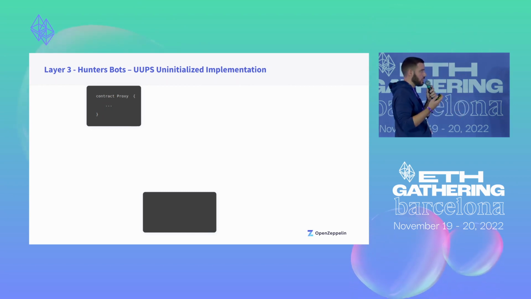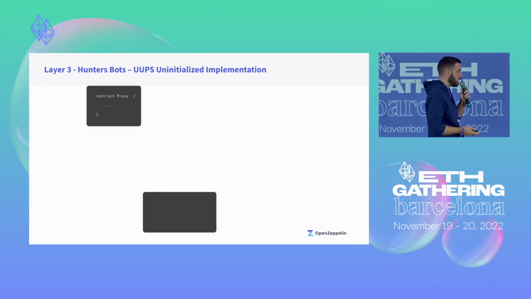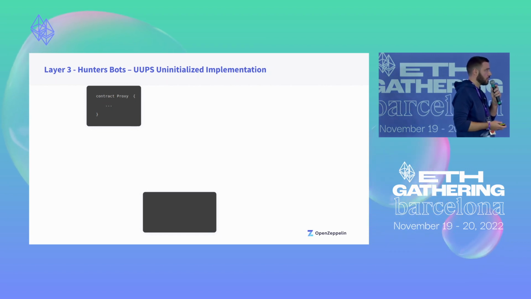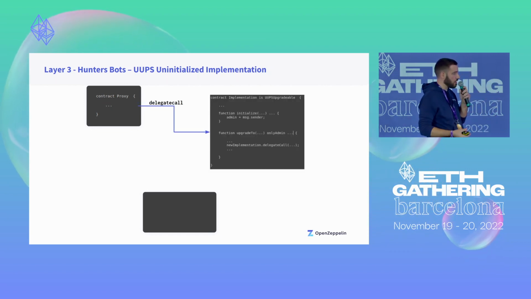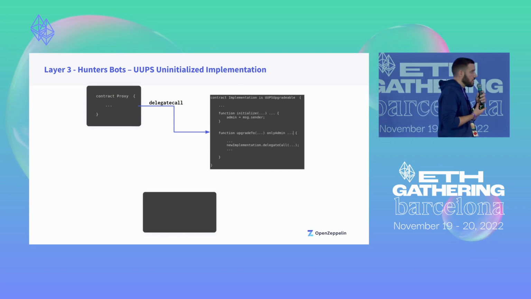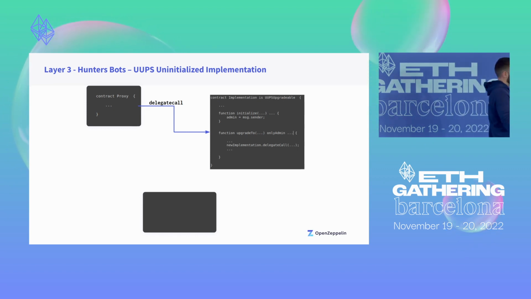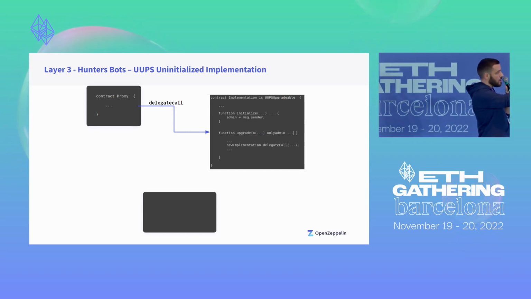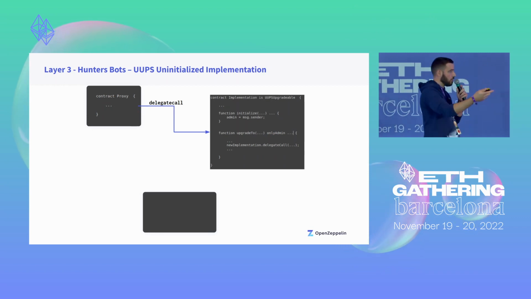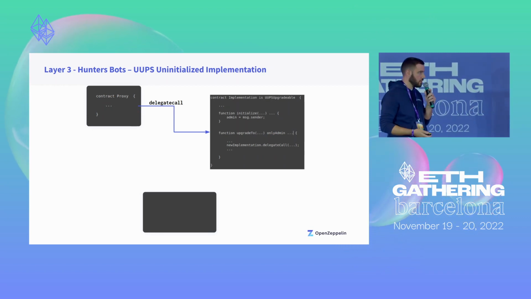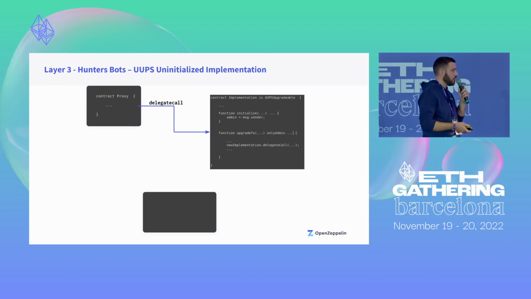You have a proxy, a typical way of having an upgradability pattern that delegates calls to an implementation. In the specific case of UUPS, you have the upgradeTo and upgradeToAndCall typical functions of the upgrade logic in the implementation itself.